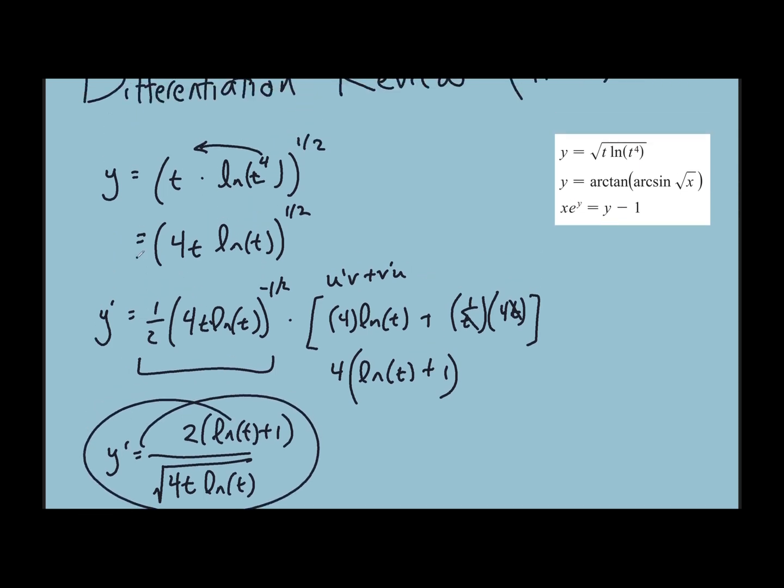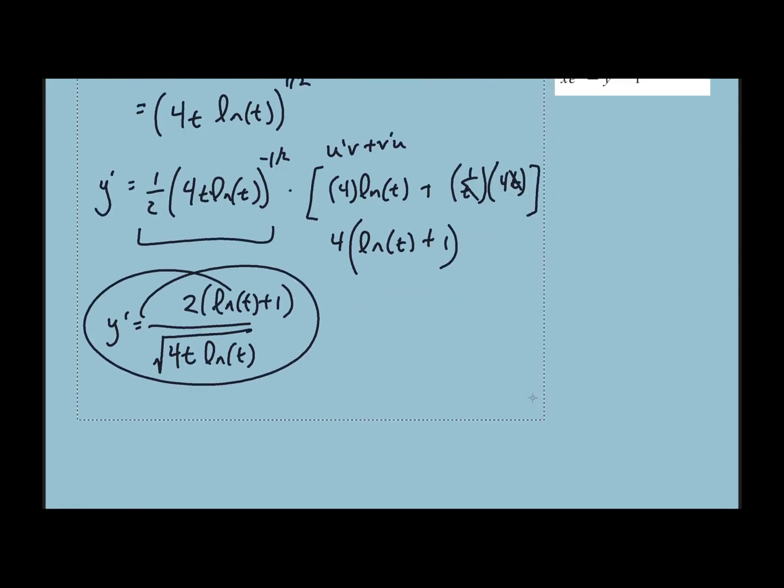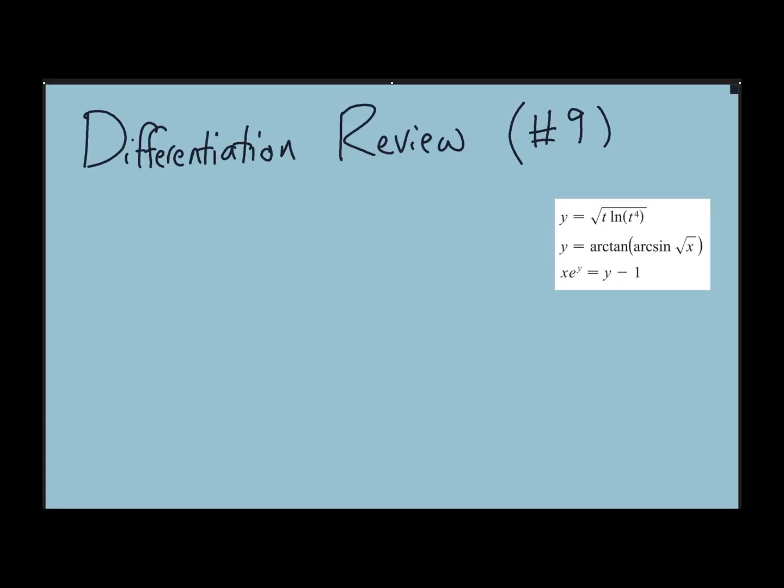So number 1, not so bad. Number 2, that's a different story. Because arctangent and arcsine are never something I can remember, which means I have to derive them. And if I have an arctangent and I need to find the derivative, that horrifies me as a new calc student.